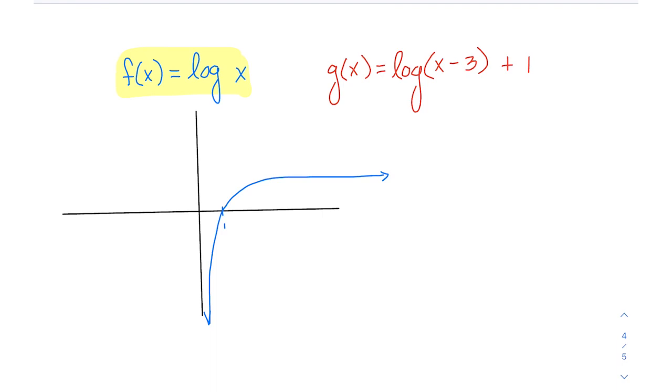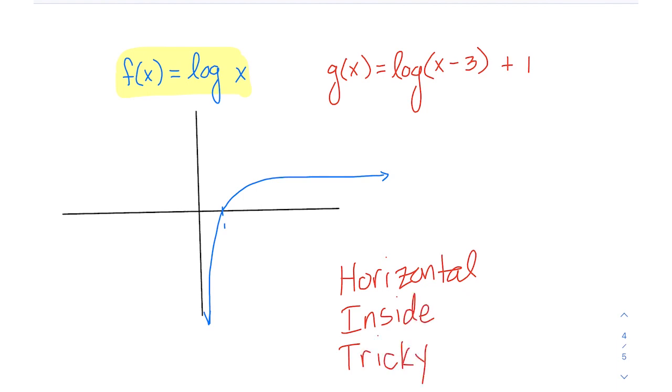So whenever you're dealing with translations, I recommend using this little acronym HIT, which stands for horizontal, inside, tricky. And this is just my own way of remembering that if you have something inside, so for example inside of parentheses, or it could be inside of an absolute value or inside of a root, but whenever you have something inside, that's going to indicate a horizontal transformation.